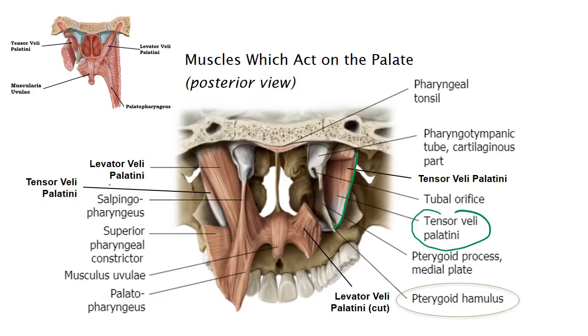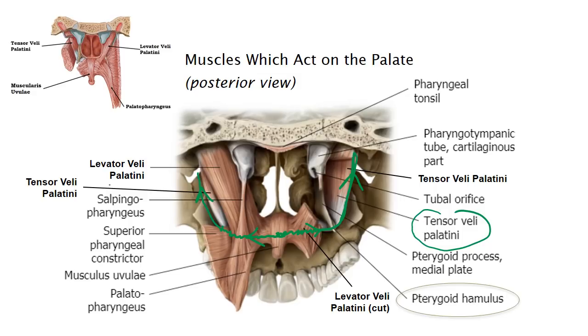So we have this tensor veli palatini more vertical, and on the other side we have this tensor veli palatini, and it's going to send a tendon across, and this one will send a tendon across. And as you can imagine, if it contracts upward that way and upward that way, the sheet of tissue that it's attaching to will help to broaden or flatten out. So that's why it's called the tensor veli palatini.